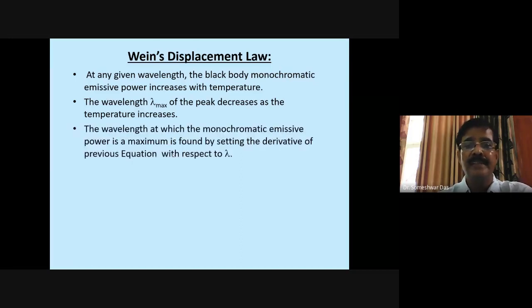The wavelength at which the monochromatic emissive power is a maximum is found by setting the derivative of the previous equation with respect to lambda. The previous equation here refers to Planck's equation that we have seen yesterday. So to get the wavelength of the maximum radiation, we can just differentiate that equation with respect to lambda.